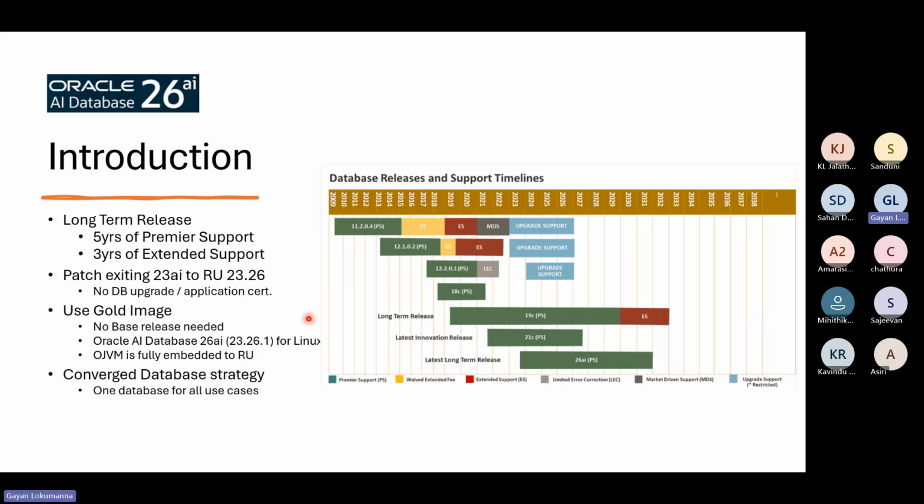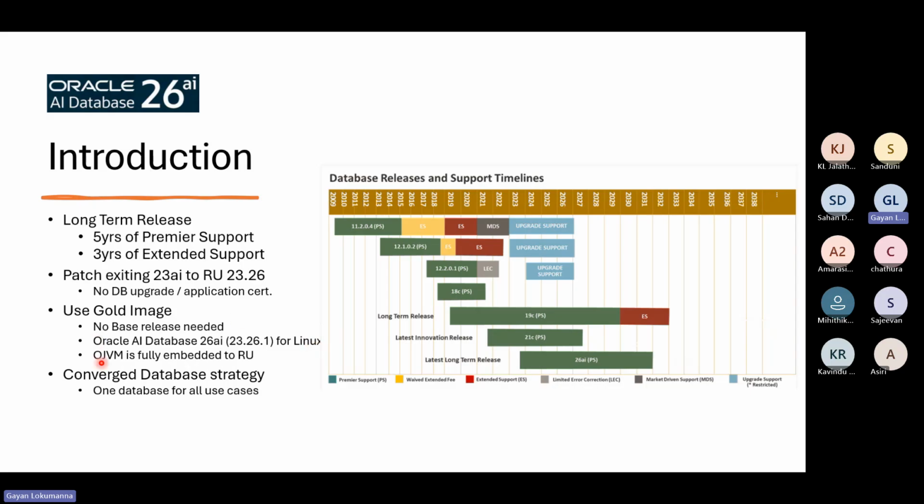So if you're doing a new install, you don't need to first do a base installation and then apply the release update on top of it. The gold image can be used directly, because it consists of all the patches as of that time.